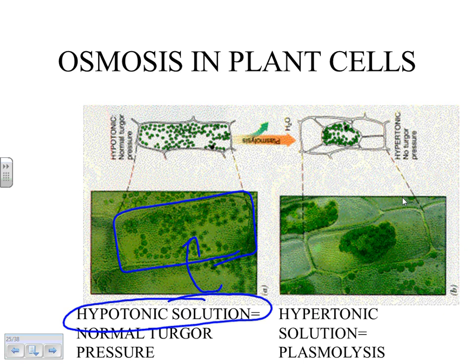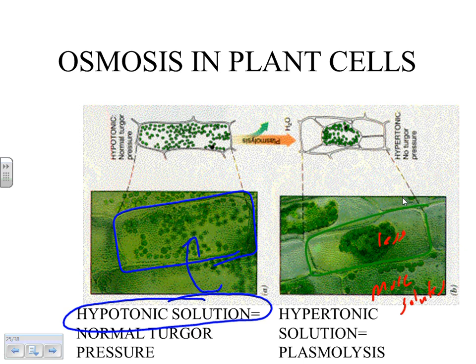On the other hand, if you put a plant cell in a hypertonic solution, now there are more solutes out here on the outside of the cell and less solutes inside. What this means is that the water wants to move out, from areas of less solute concentration to areas of more solute concentration.